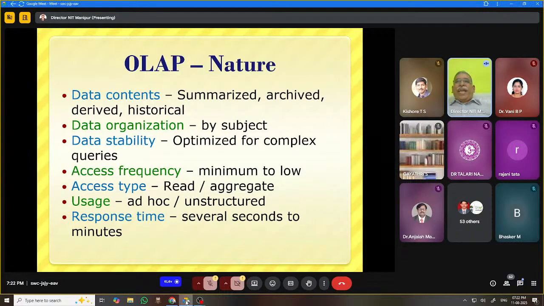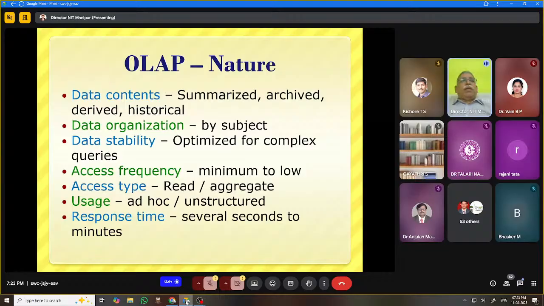For example, contents-wise, how does my data in OLAP look? OLAP data is summarized, archived, derived, or historical. As I said, the past five batches of passed-out students' data is historical.